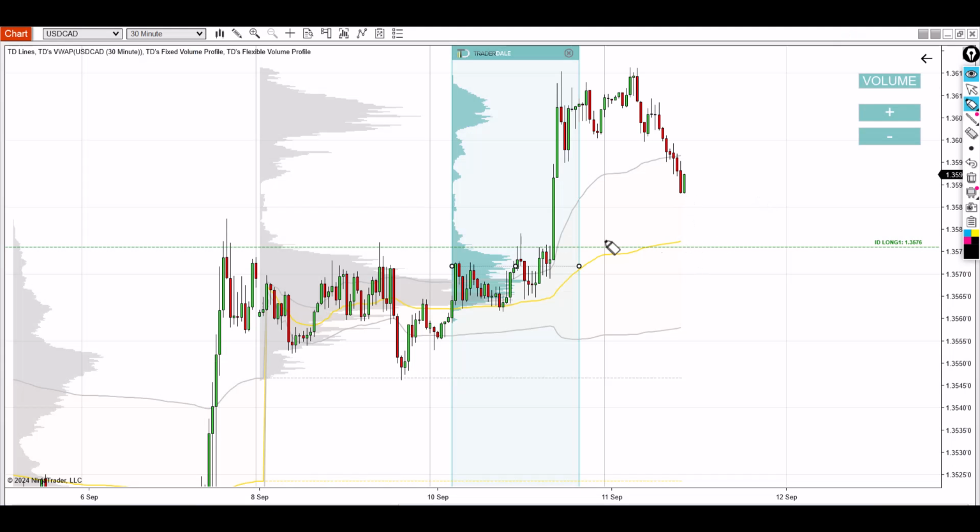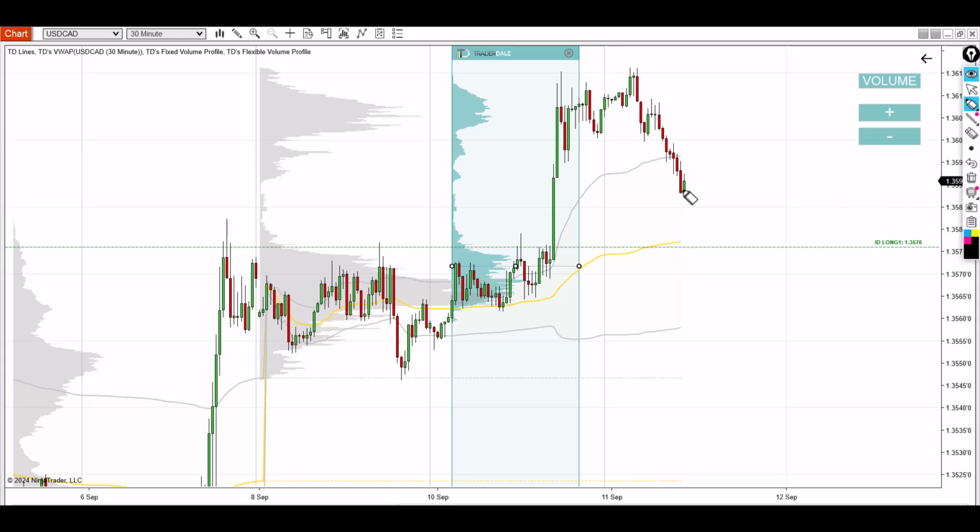So if that level gets hit during the macro news or in the post macro news volatility, I won't be trading this because it would be extremely risky. Maybe what could happen is that during the news the level could get hit and maybe the liquidity below this weak low could be taken.